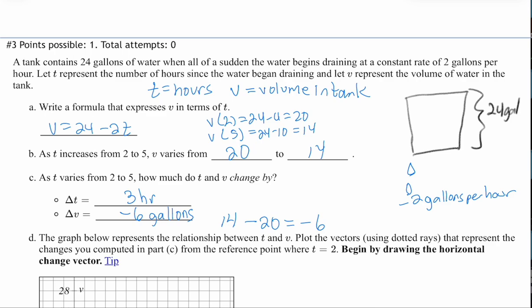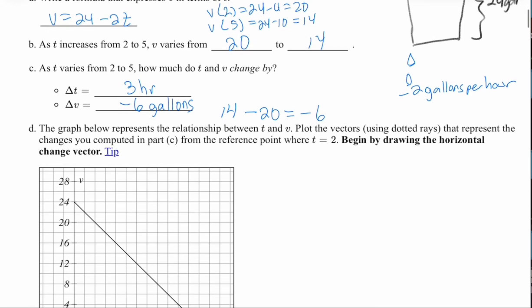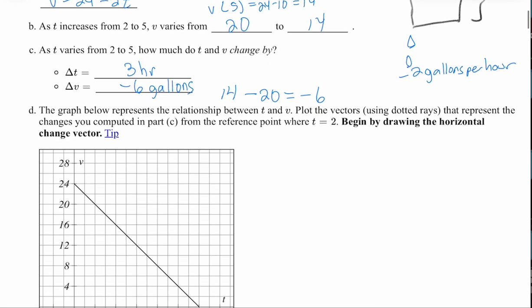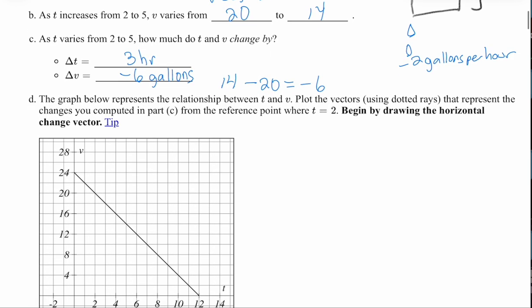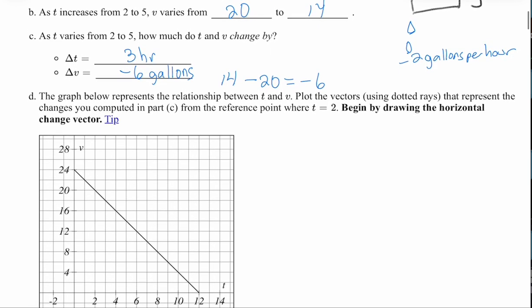Okay, so that being said, it says the graph below represents the relationship between T and V. Plot the vectors using dotted rays to represent the changes you computed in part C from the reference point when T is 2. Now remember, when T was 2, we found out that the volume was 20. So you go over to your graph, start your vector at the point (2, 20), and then we're going to an x of 5.